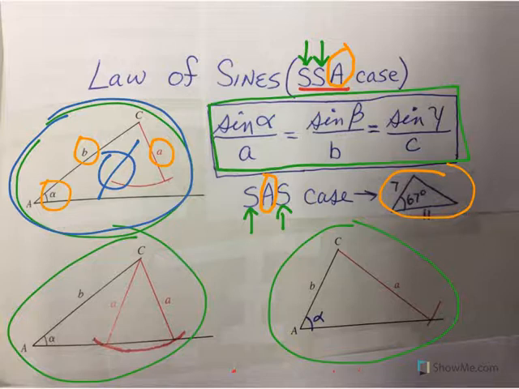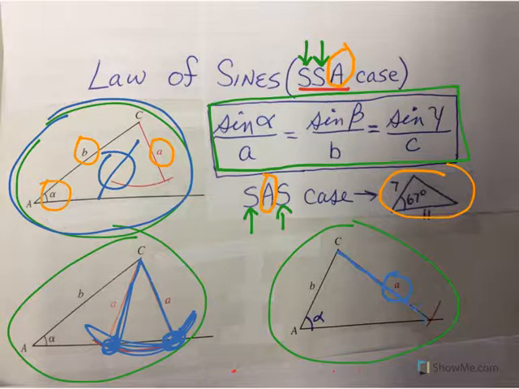The second example shows that the information given, side A, can create two different triangles. It's like a swinging arm that can be connected here and it can be connected there, creating two different triangles. And in the third example, the length of side A only creates one triangle.